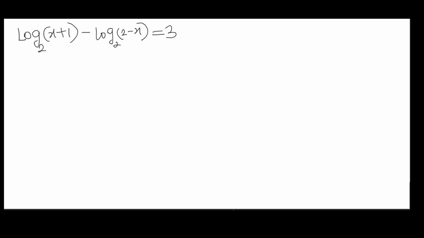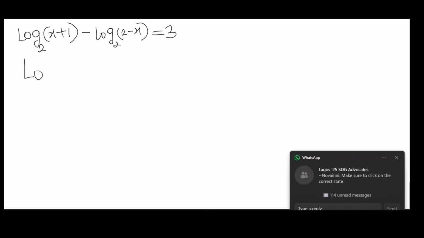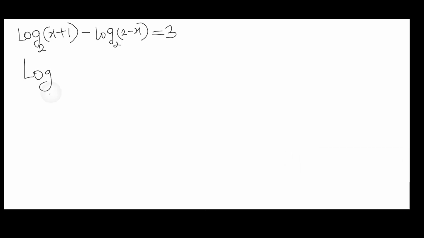Applying the law, we write the two logarithms as log base 2 of a bigger bracket, with x plus 1 as the numerator and 2 minus x as the denominator, all equals 3.